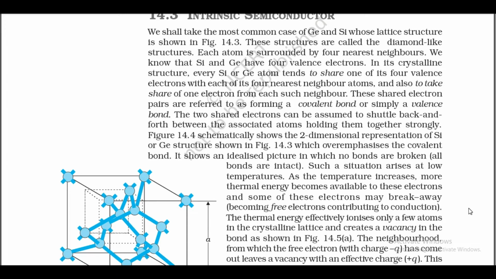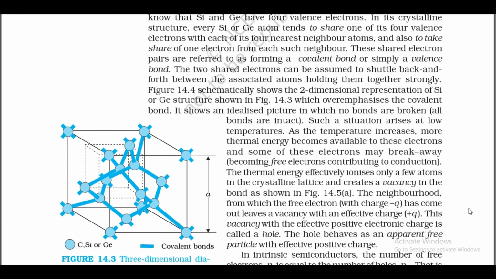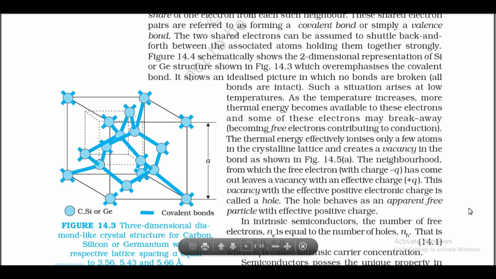The thermal energy effectively ionizes only a few atoms in the crystalline lattice and creates a vacancy in the bond, as shown in figure 14.5a. The neighborhood from which the free electron with charge -q has come out leaves a vacancy with an effective charge +q.